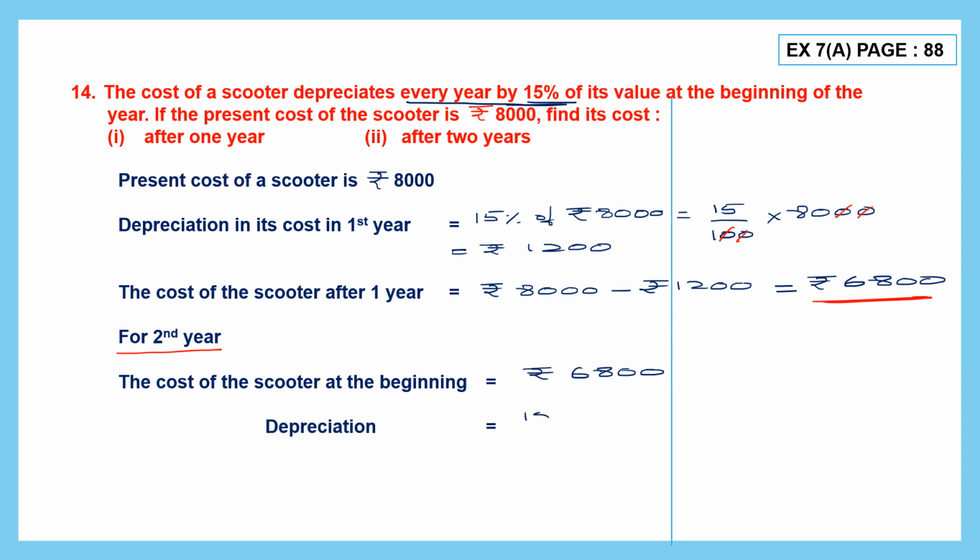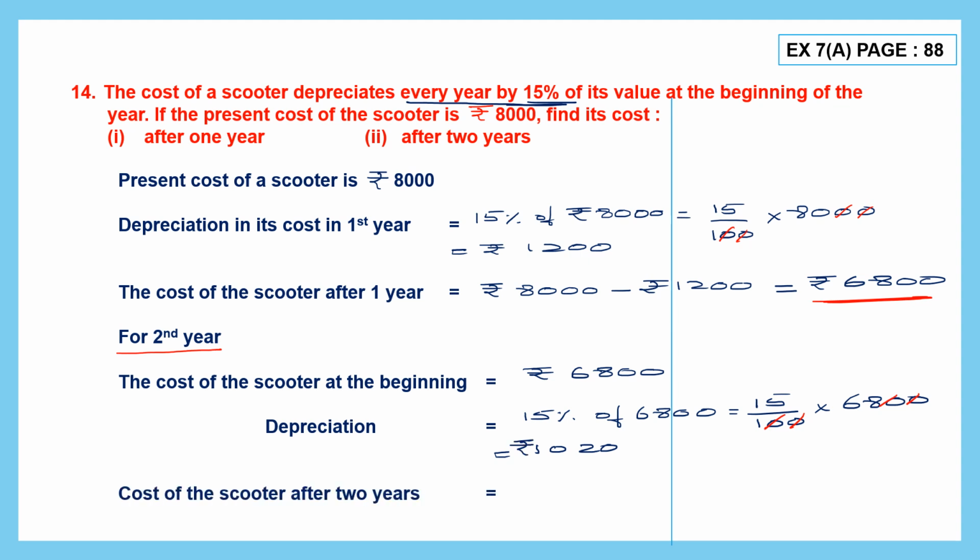So here it will be 15% of 6,800, and that is 15 by 100 into 6,800. Now simplify. Cancel the two zeros here. 15 into 68 is what we need to do, and that will be 1,020. So the depreciation is rupees 1,020.